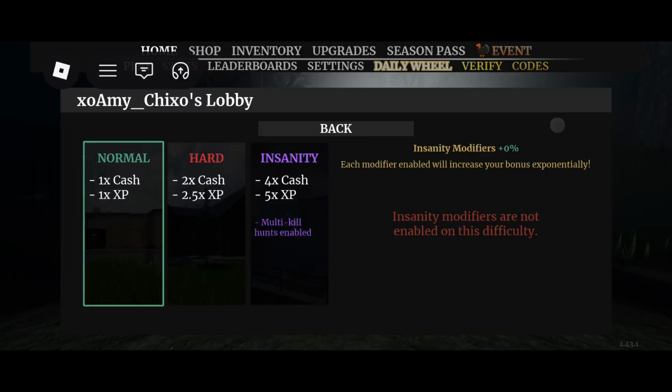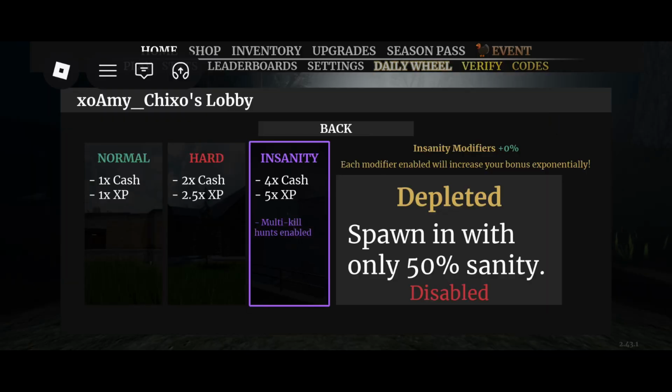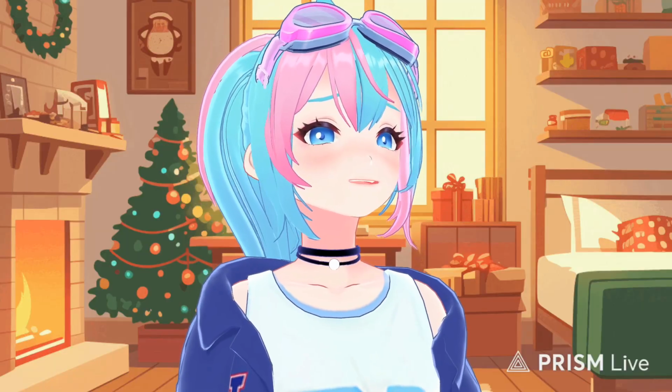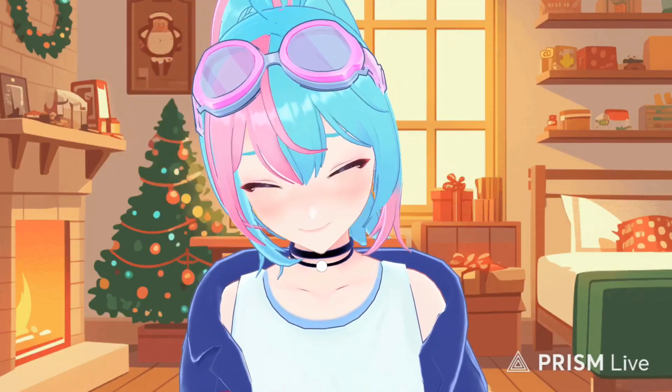In difficulty, you can also change the difficulty. Harder difficulty equals higher multiplier for money and experience. Of course, there are drawbacks to it, like a shorter prep timer, a higher rate of sanity loss, and a higher chance of the ghost hunting you.